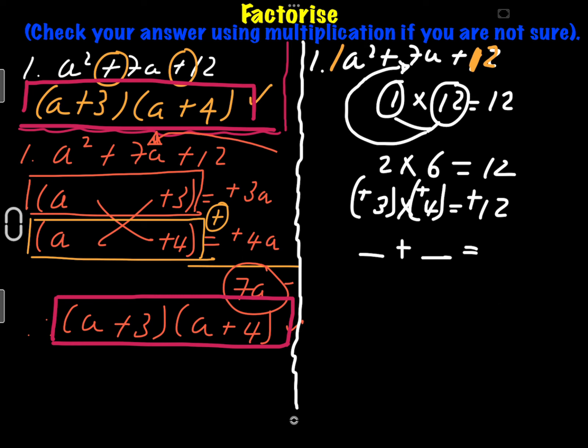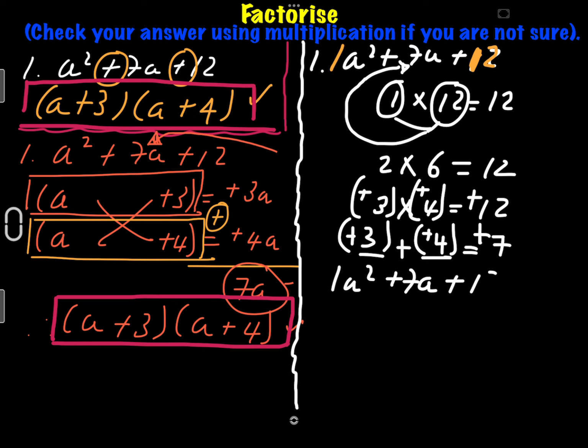So we have positive 3 plus, in fact I prefer to put it in brackets, plus positive 4, and that gives us positive 7.